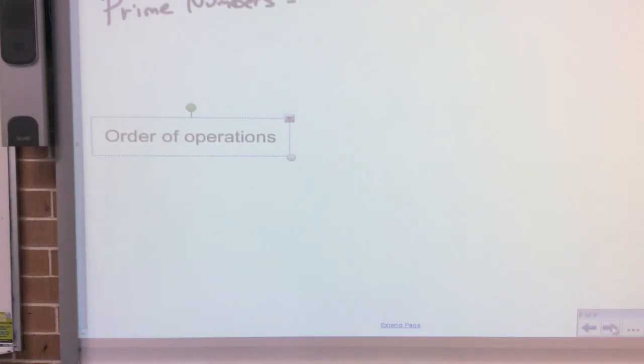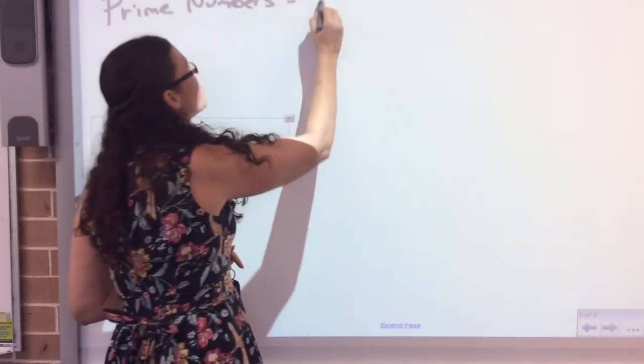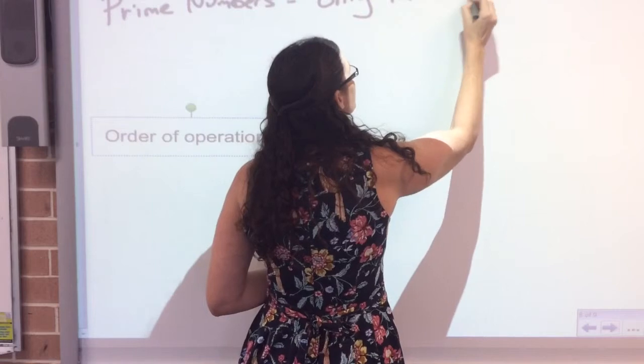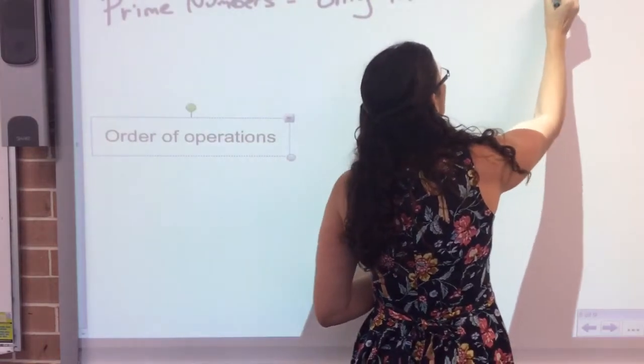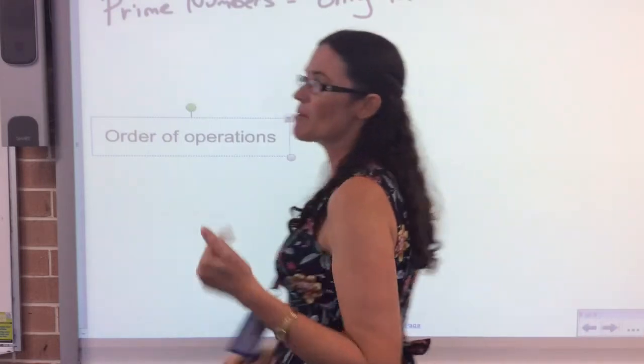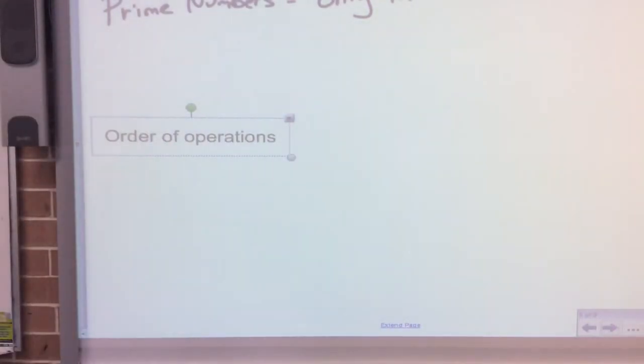Its only factors are itself and 1. Well done. The only factors are itself and 1. So is 1 a prime number? No. 1 is not a prime number because its only factor is 1. It doesn't have 2 factors, so it's not a prime number.